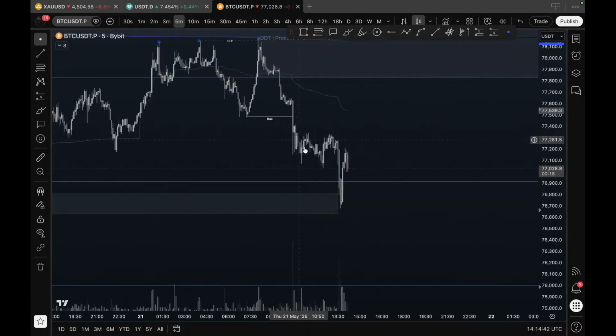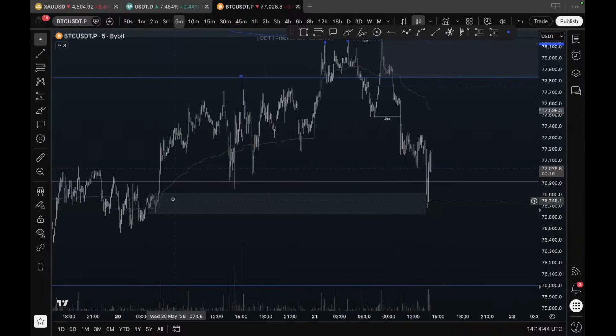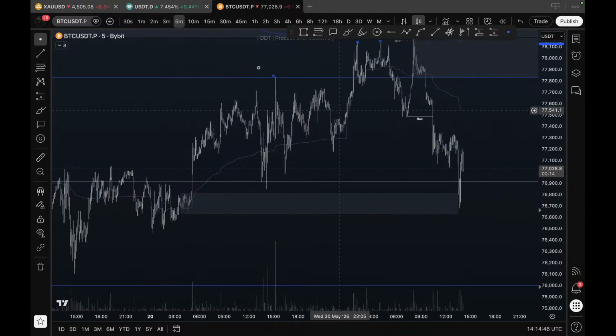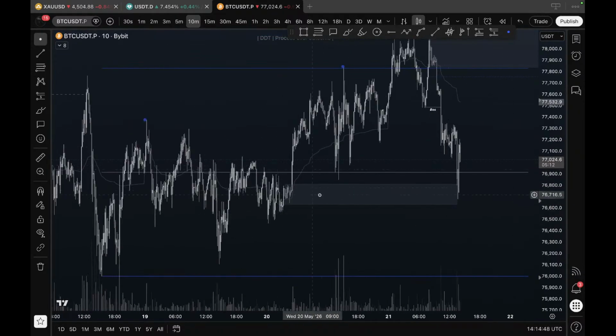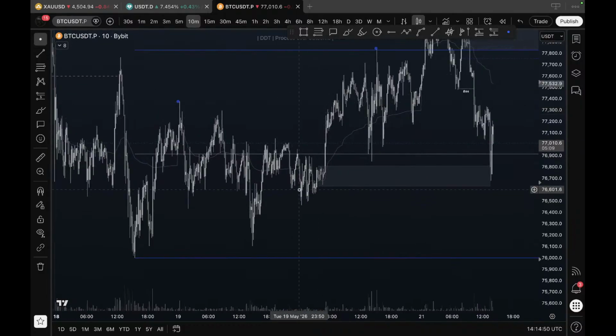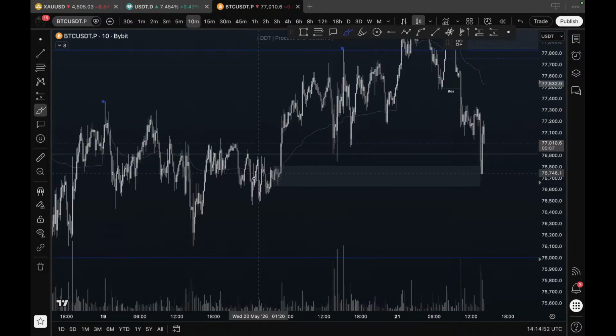So instead, price just nuked lower and came into this demand, which we remember from yesterday, where heavy negative delta came in, so a lot of sells, which got absorbed by a big player right here. So we already knew that if we retest this level, that buyer will probably defend it.